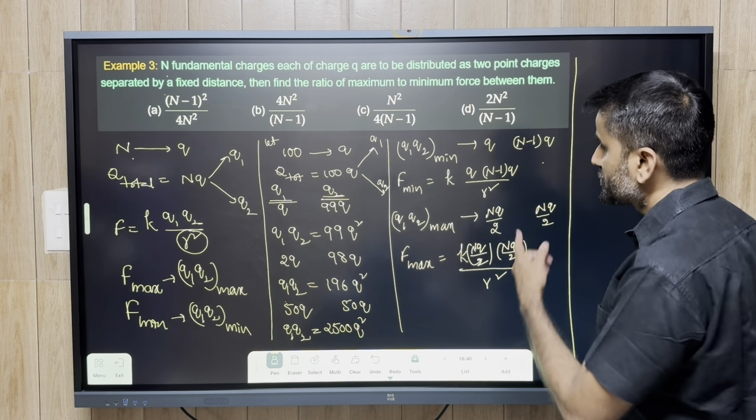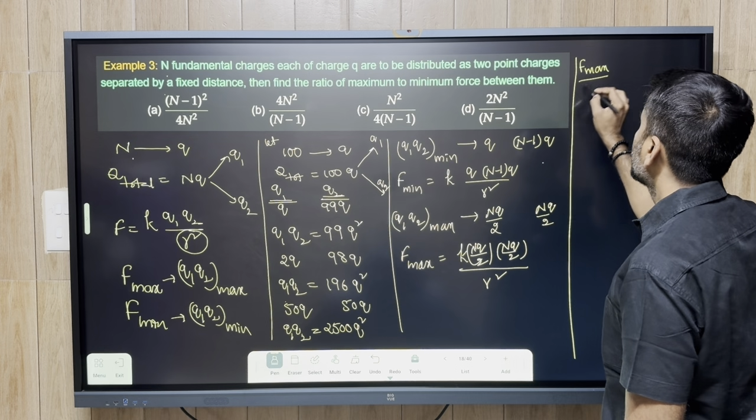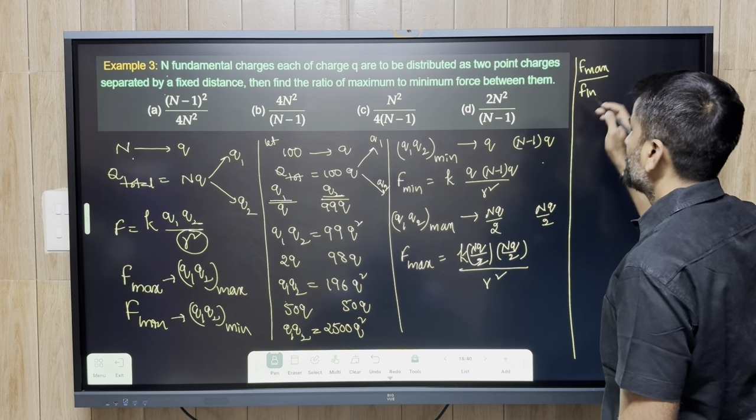Now the question is asked to find the ratio of maxima to minima, F max upon F minimum.